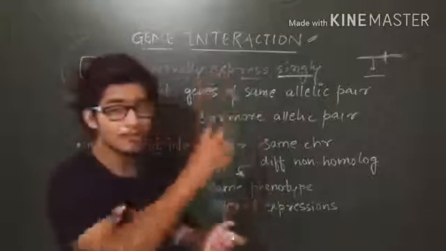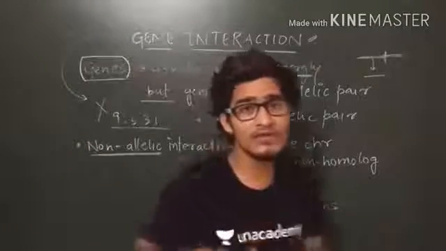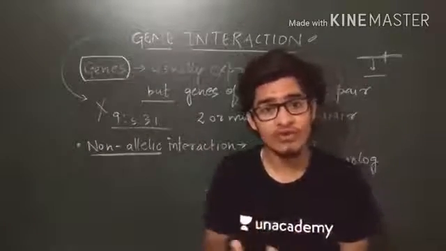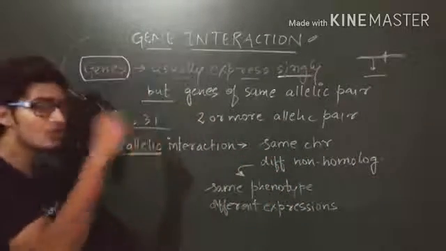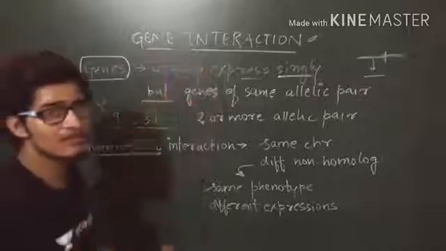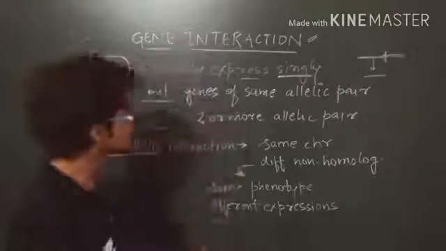Here the gene products interact with each other and influence a single phenotypic character. That's why this ratio is always altered in each and every example of gene interaction.